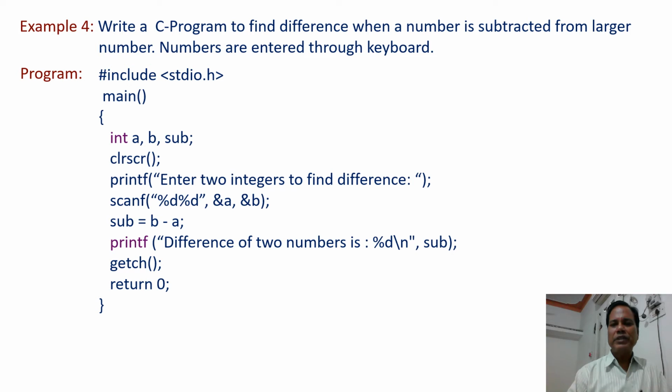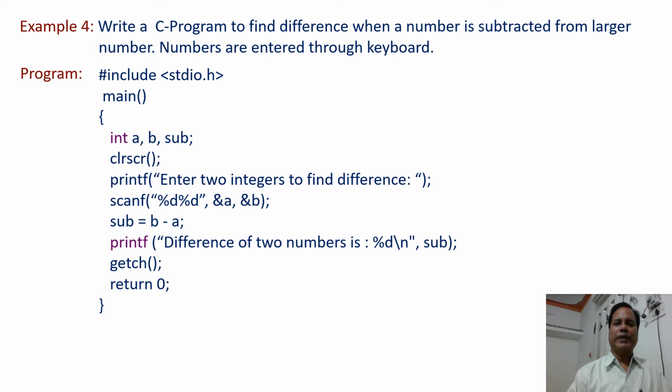And reading this message, we enter two numbers, and that is read by the scanf function and stored in the variables a and b. Then using the next statement, we find the difference of these two numbers and assign it to the variable sub. And using the printf statement, this result is printed on the output screen.